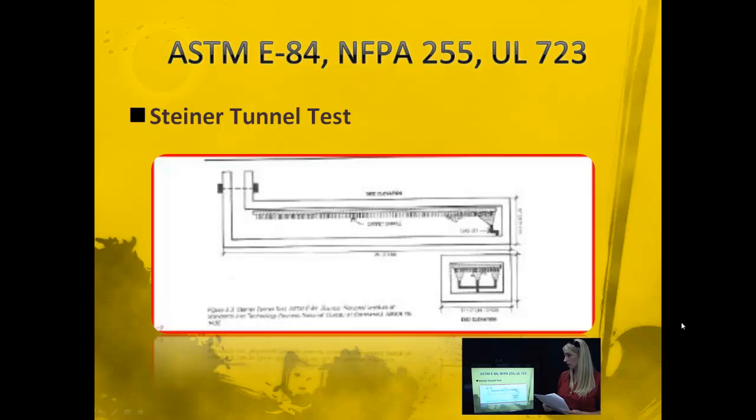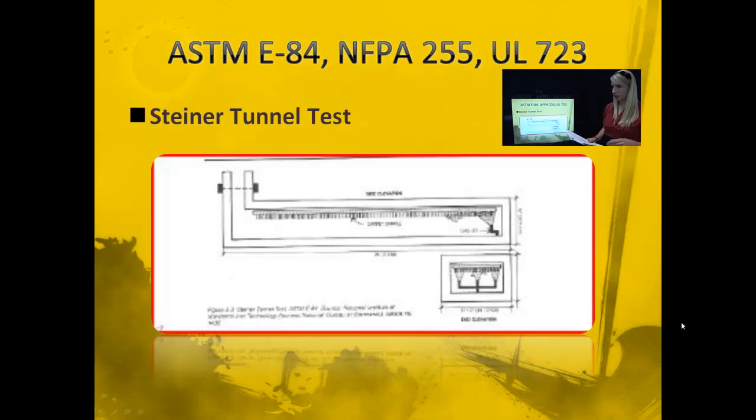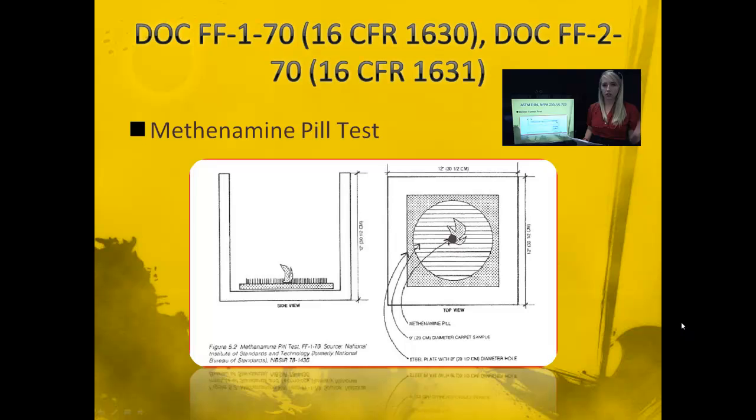Well, carpet is never on the roof or at the top of the ceiling, so the standard tunnel test isn't a correct way to test carpet, because the heat rises and it's hotter than it normally would be.